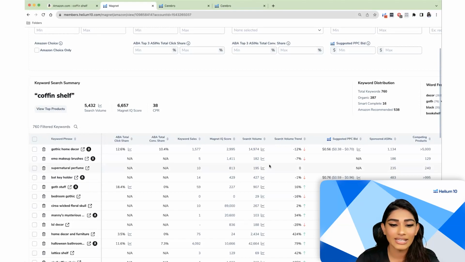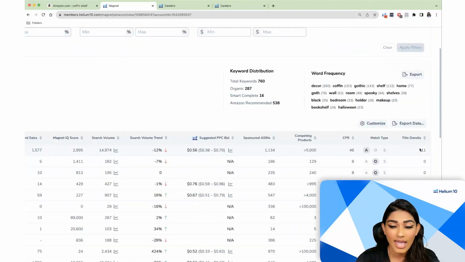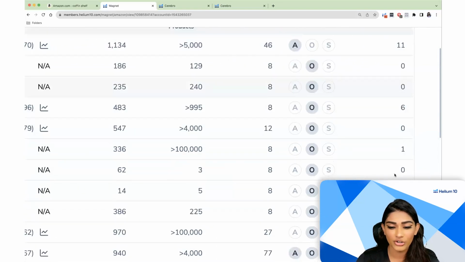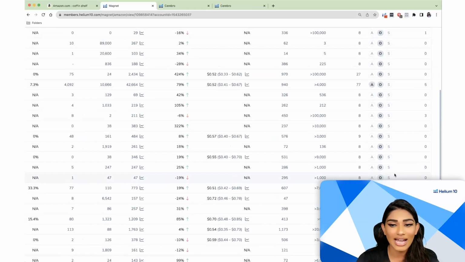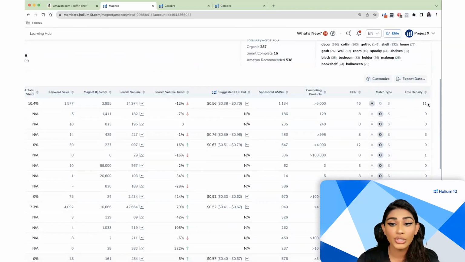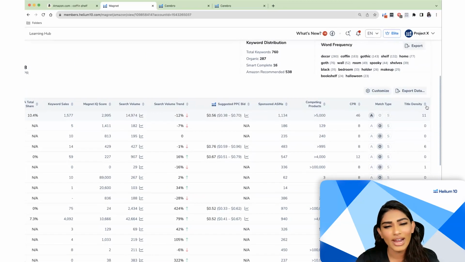So maybe you're ending up seeing that the title density is a little bit more dense. And so you're seeing 11 or you're seeing 20 or whatever the case may be. This is not the case for this specific niche because we have a very specialized niche. But if you do end up seeing something like that, then you can go in and say, all right, this is not a product I necessarily want to go after.